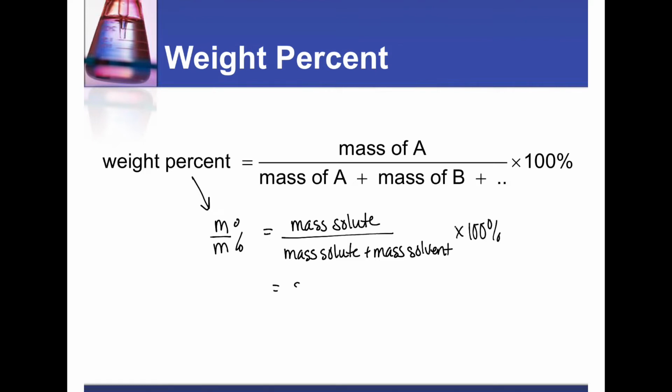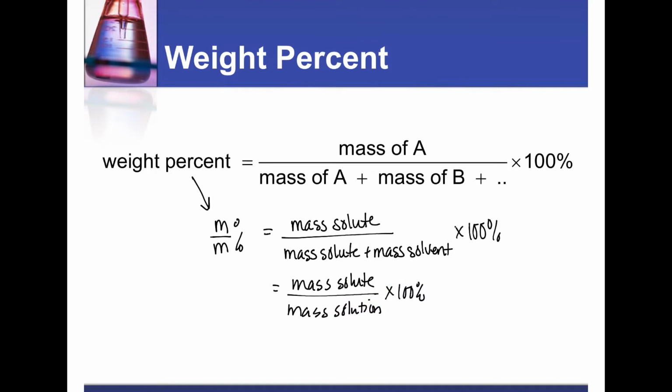And that's the same thing as the mass of the solute divided by the mass of the solution times 100%, because remember, a solution is always made up of a solute and a solvent.